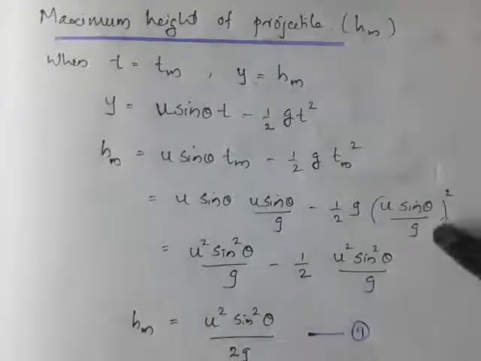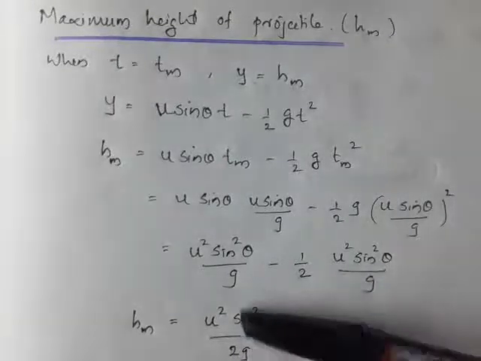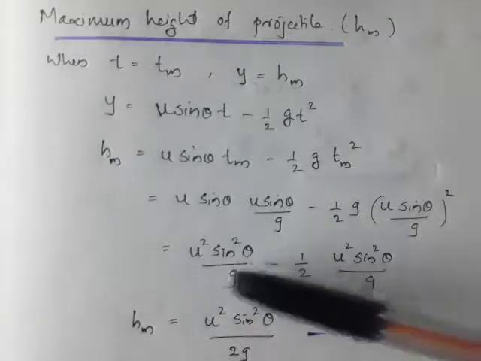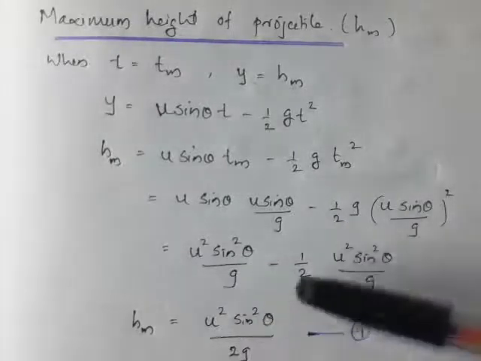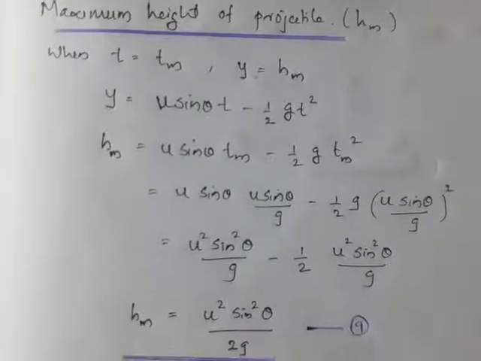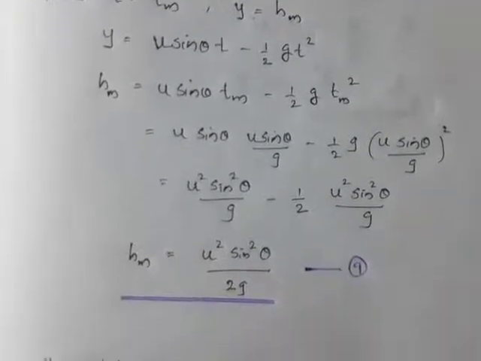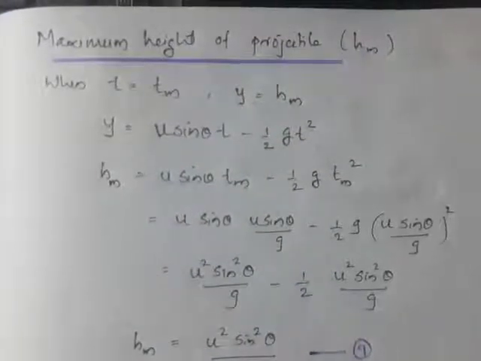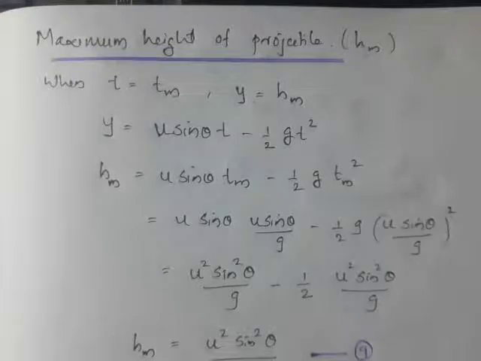So if you take u square sine square theta by g outside, here is 1 minus half. 1 minus half is again half. So you get the equation for maximum height, u square sine square theta by 2g. So this is the equation for the maximum height. So remember the idea we have used is during maximum height the time is Tm.